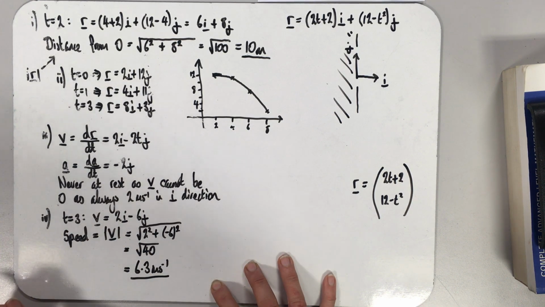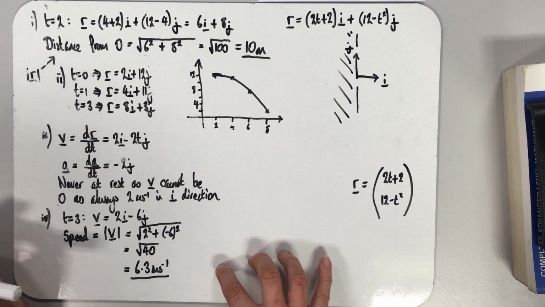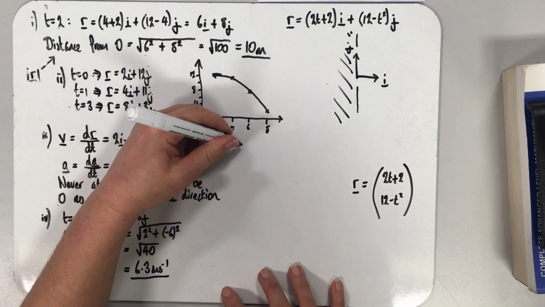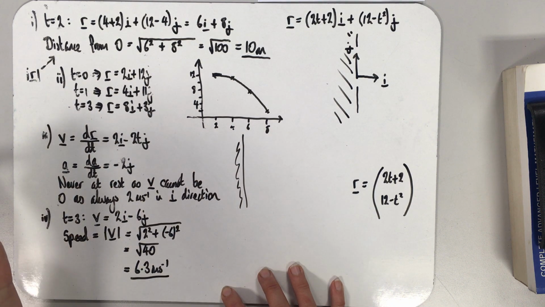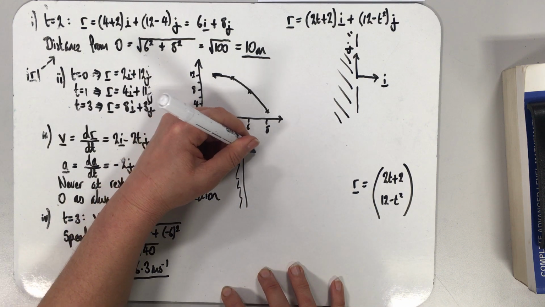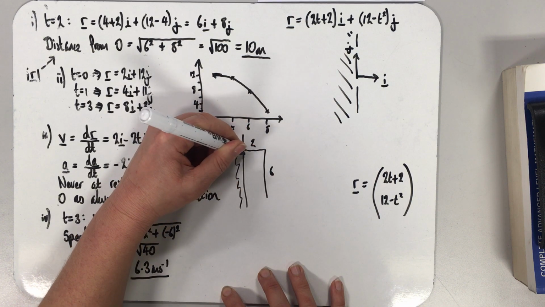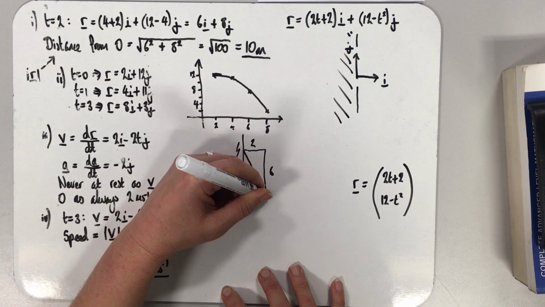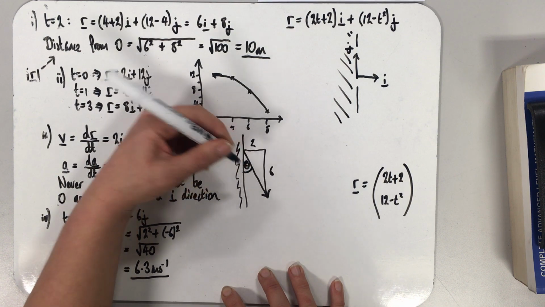So that's the speed. And then you're also asked to find the angle that this makes to the line of the beach. So the line of the beach is this way, and the boat is travelling at 2i minus 6j. So it's travelling in this direction, and we're looking for this angle here.